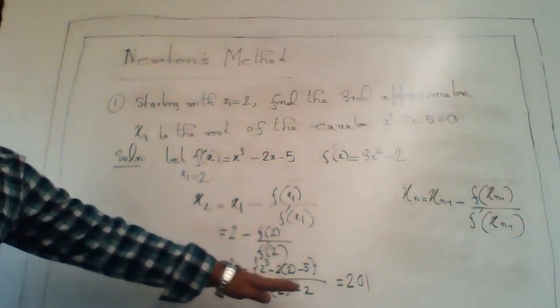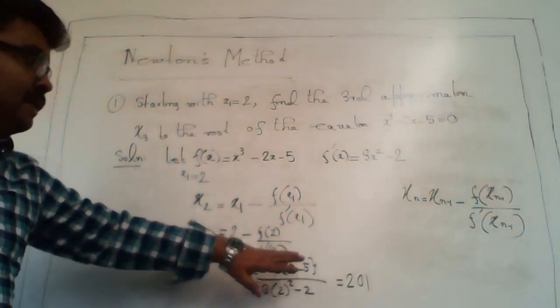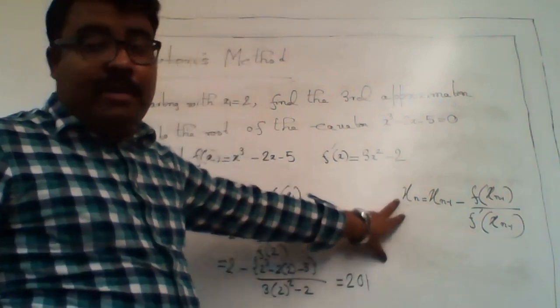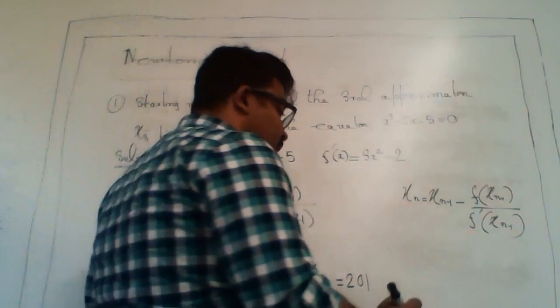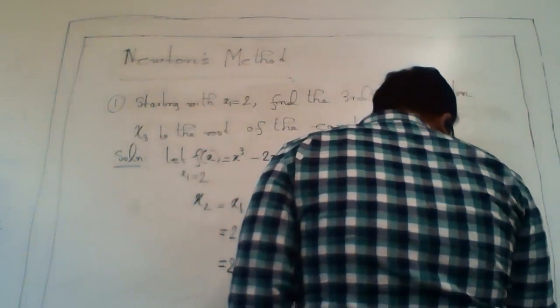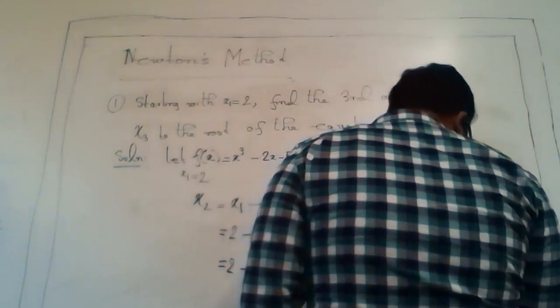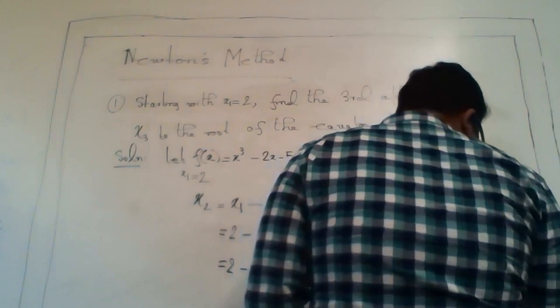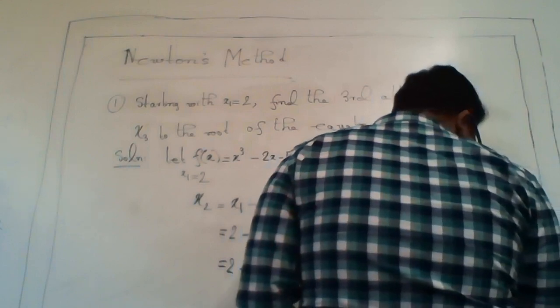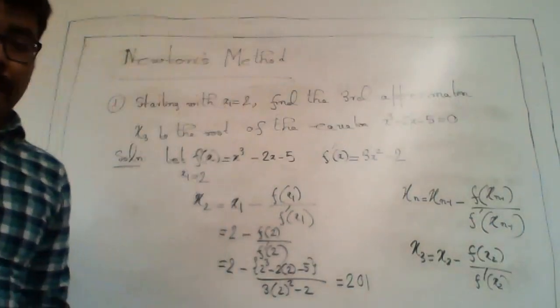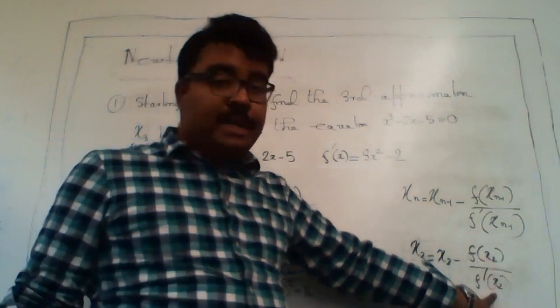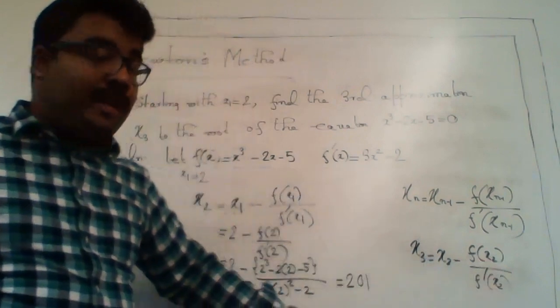Now once you know the value of x2, you can again use this formula. Now I know the value of x2. Now if I put n equals to 3, what do I get? I get x3 equal to x2 minus f of x2 by f prime x2. Right? So now I know x2. I can put down the value of x2 here, and then we can find out the value of x3.